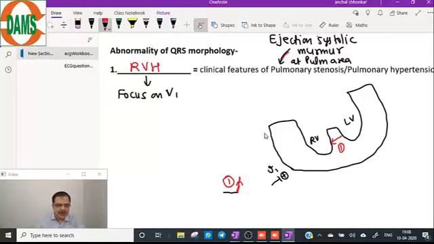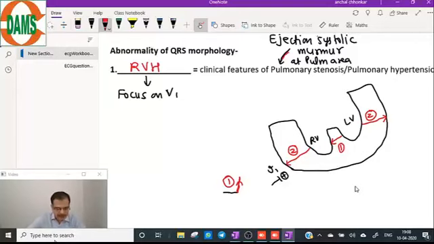The next part to get depolarized will be the right ventricle and left ventricle walls. They will depolarize from endo to epicardium. So the second vector will be like this. This will be the number two vector.